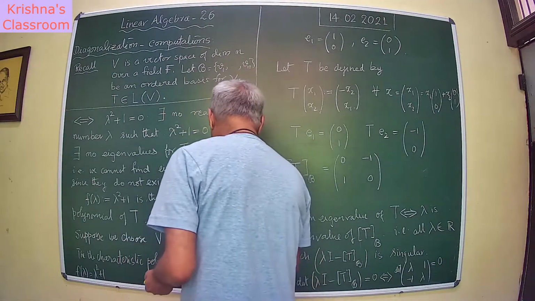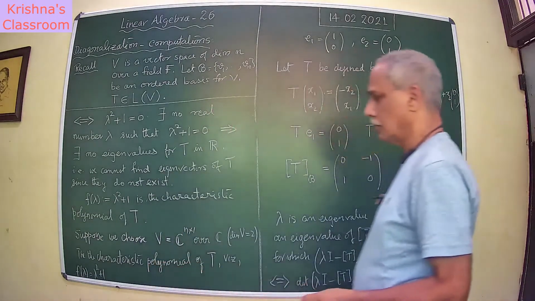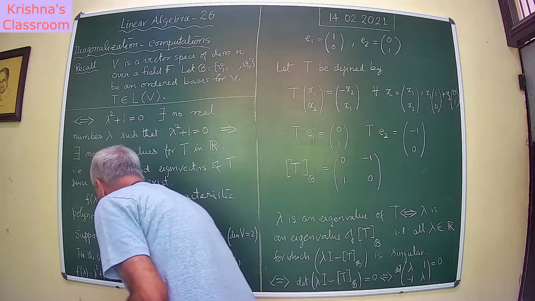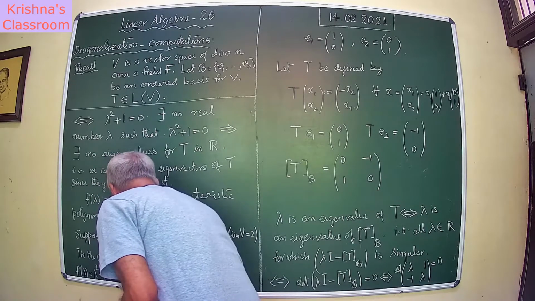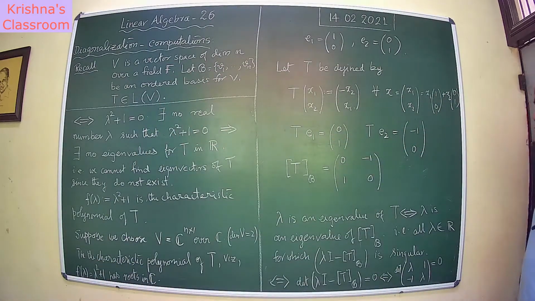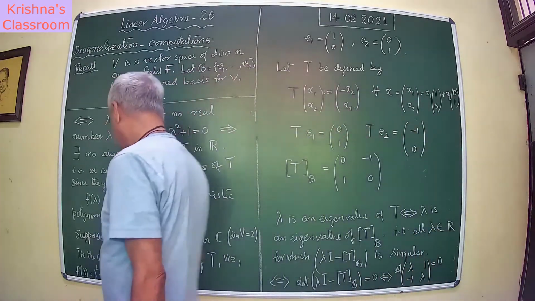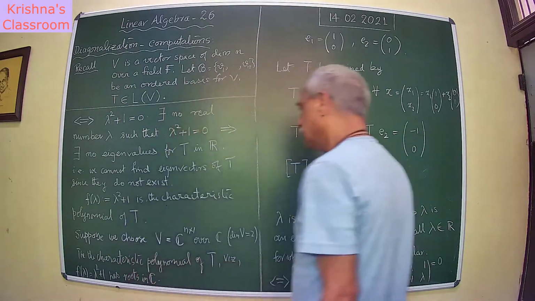So here you have dimension of V equal to 2, which has roots in C. As you know, C is algebraically closed, so there exist roots for any polynomial with complex coefficients in C itself, and that is the fundamental theorem of algebra.